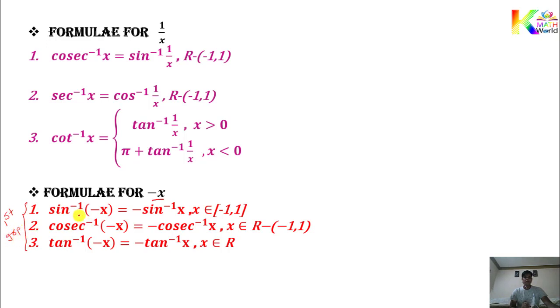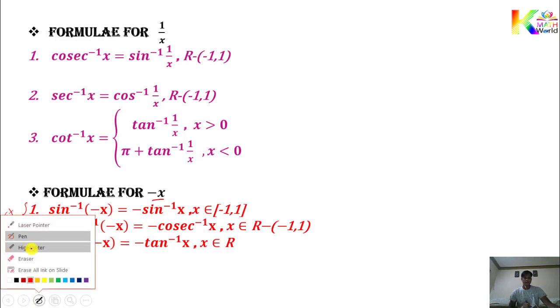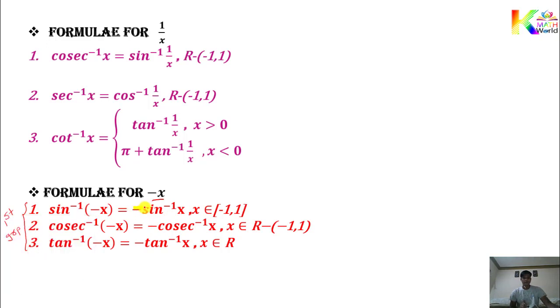And in first group functions, for a negative angle you get only a minus sign outside. Directly minus of sine inverse x, same way minus of cosec inverse x and minus of tan inverse x. It means for first group functions, whenever the angle is negative, that negative sign goes directly outside.